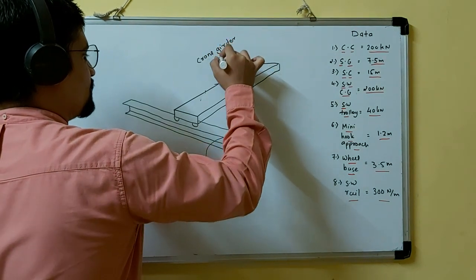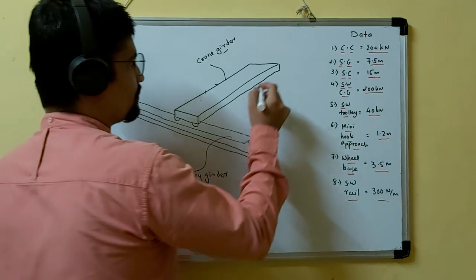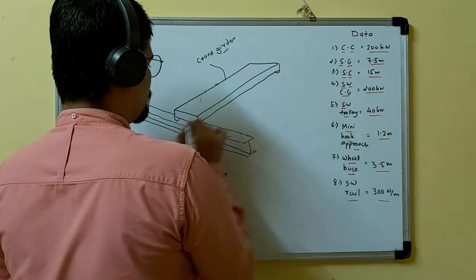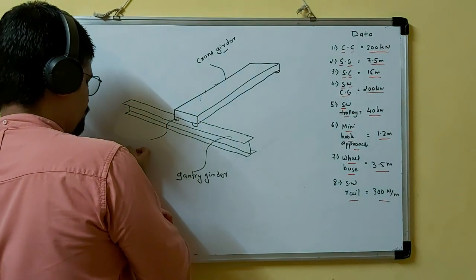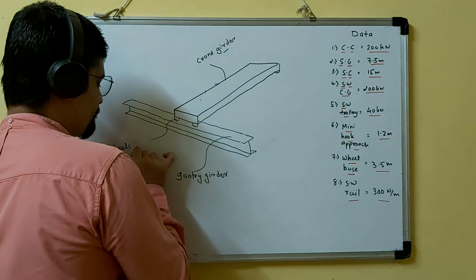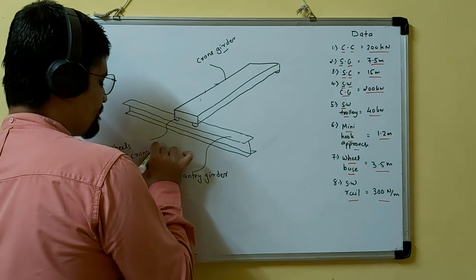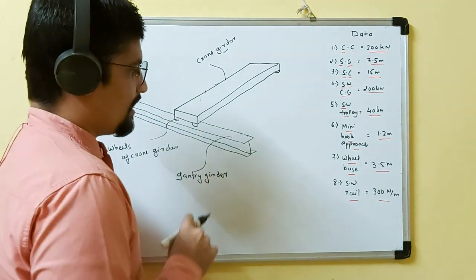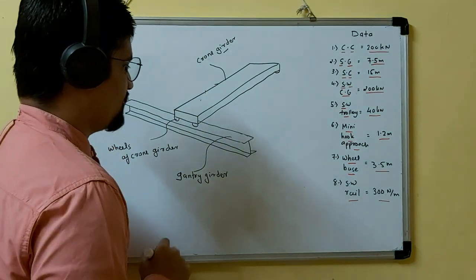Now why am I showing this figure? Because I want to make you understand something. Here also one wheel. These are the wheels of the crane girder. If I make a figure in 2D, it will be like this.